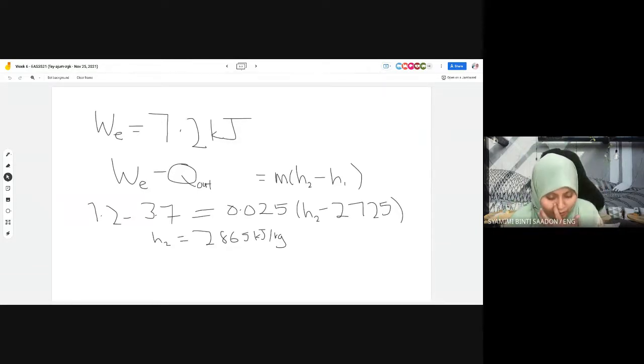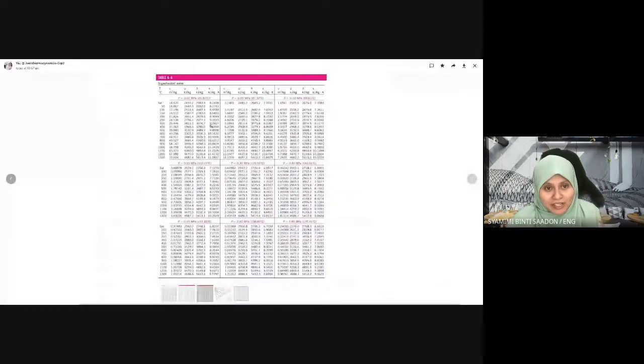So we have H2 and we know the pressure too, because pressure is constant. So we can use this table for superheated water. Even though it is called superheated water, it doesn't mean that it has to be in liquid form. Water here is the substance.